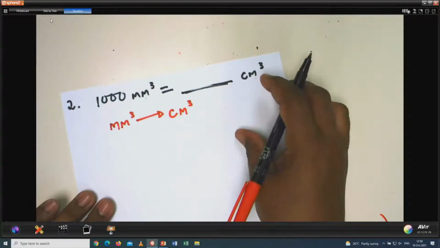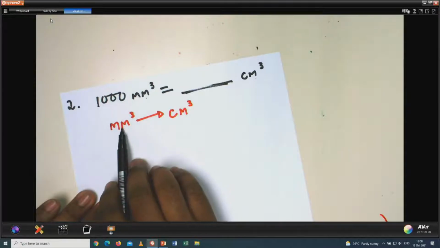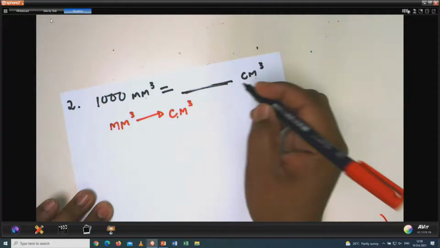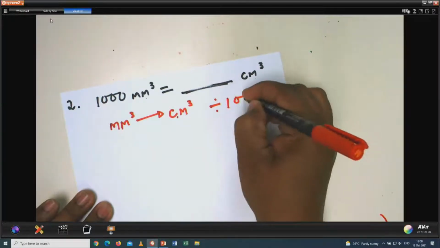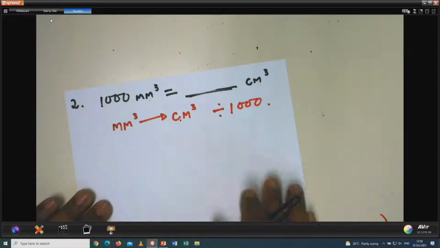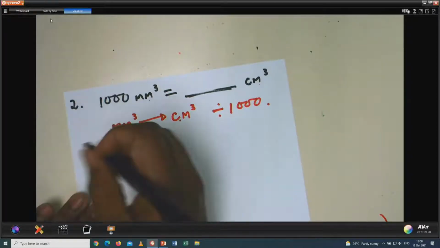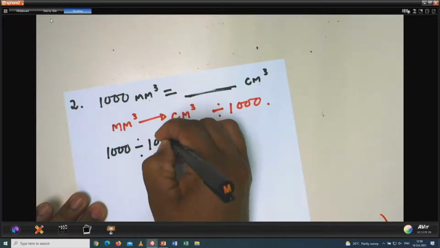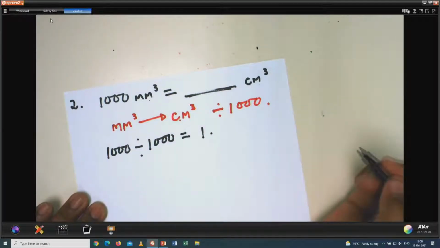It is from the small to the big, so we divide by 1000, because we said 1 cubic centimeter is exactly 1000 cubic millimeters. So 1000 divided by 1000 definitely is going to be 1.